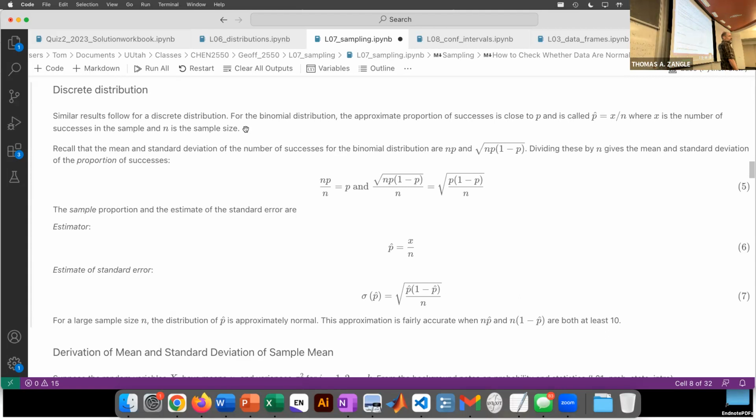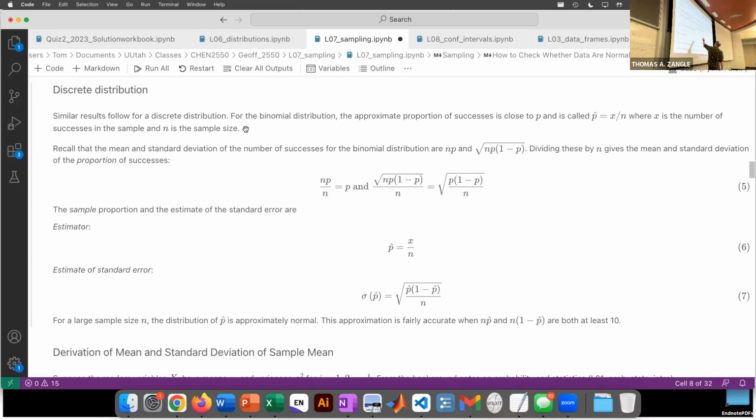Let's say we have a process that is approximated by a binomial distribution. The approximate proportion of successes would be P. P hat is the number of successes within the sample divided by the sample size. So it might be 6 over 120. There were 6 cancer cases in a block of 120.